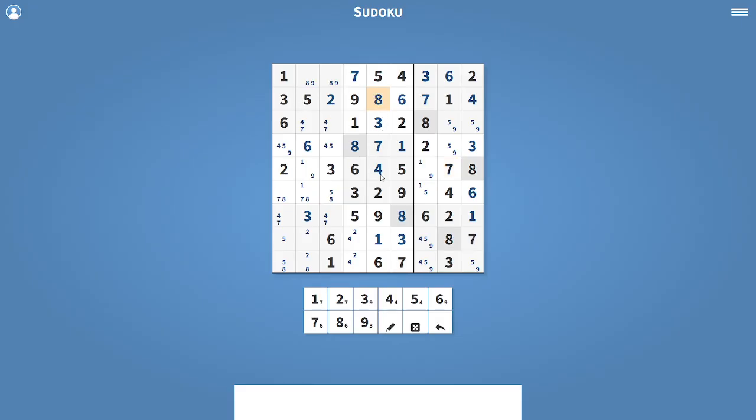8s, anything for 8s? Any new updates or insights? No. We just know 8 could be here, could be all the way over here, and then could be right there. We know that that can't be a 4, 5, 6, 7, 8.